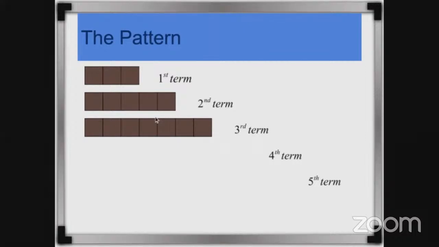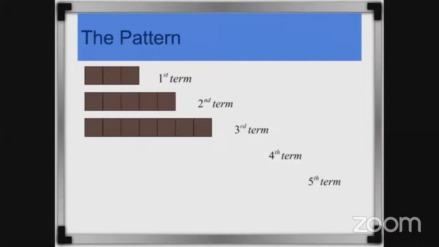The third term has 7. So how many would the fourth term have? Are you seeing what's happening here?